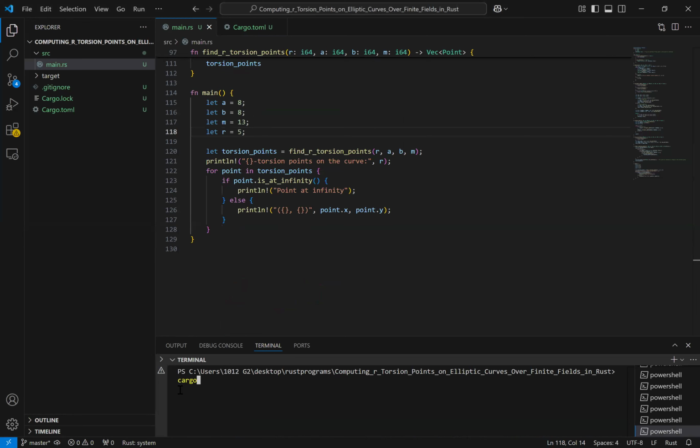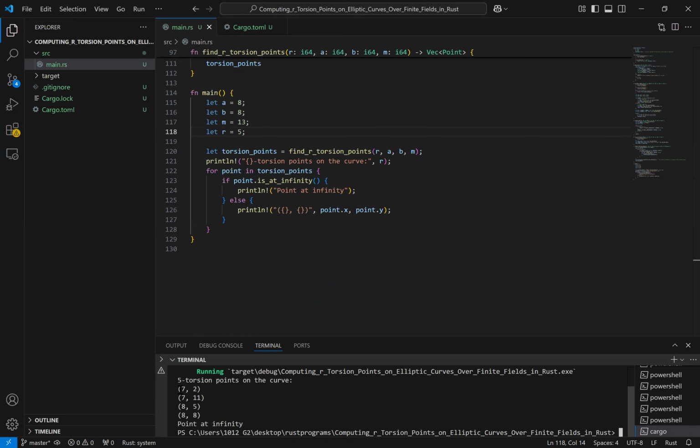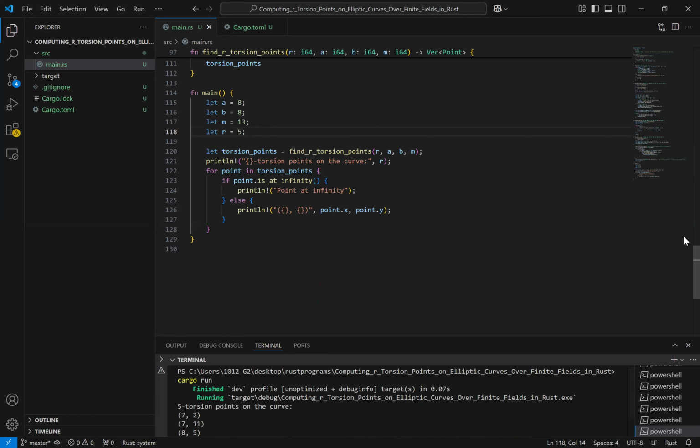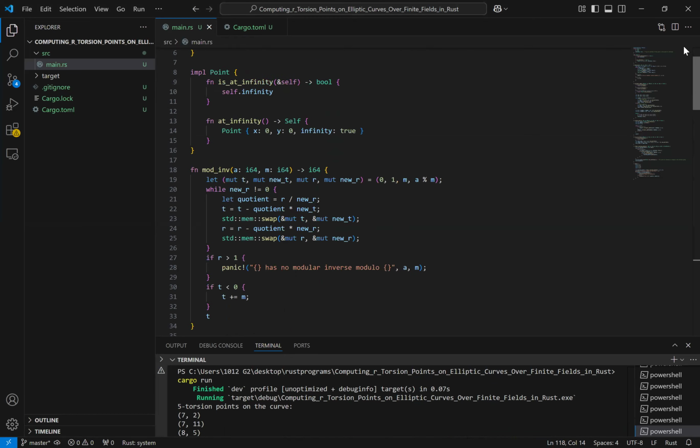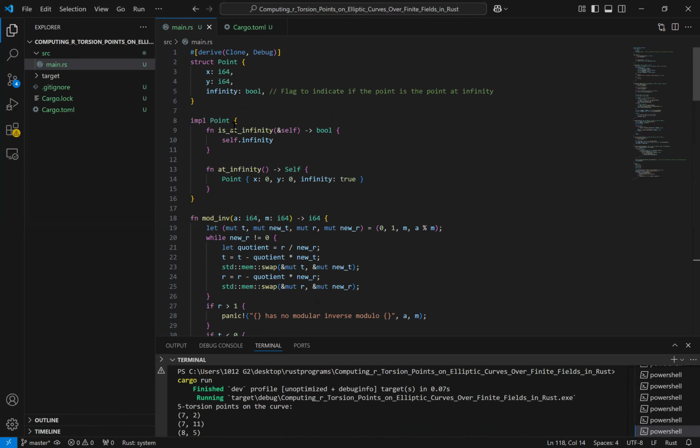But the one I've just been showing you gives you only whether the elements are at infinity. This one gives you all the torsion elements. But look at it from the top, just to see that it's the same thing.